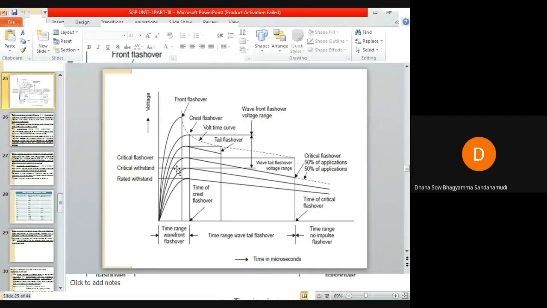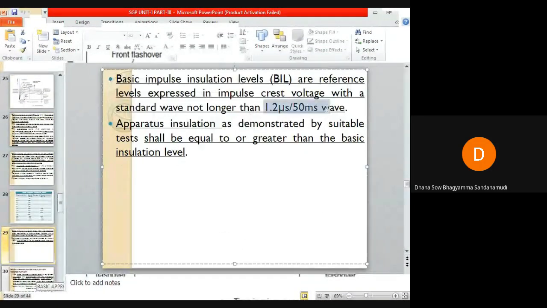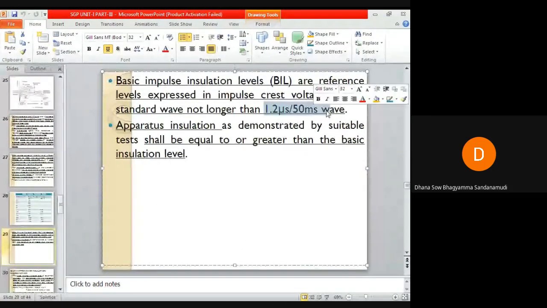It will take around 1.2 microseconds, and the tail wave will have a time interval of 50 milliseconds. The standard impulse waveform, front time and tail times are specified. So front time is 1.2 microseconds and tail time is 50 milliseconds.